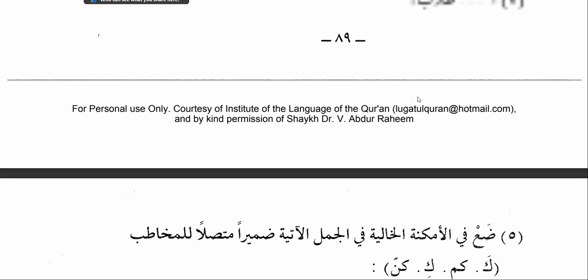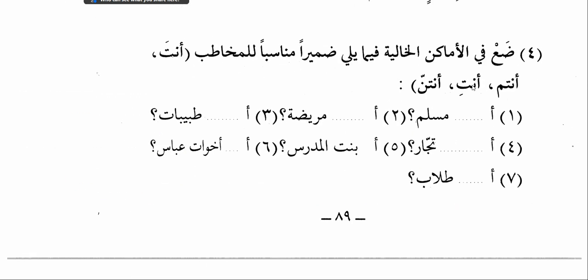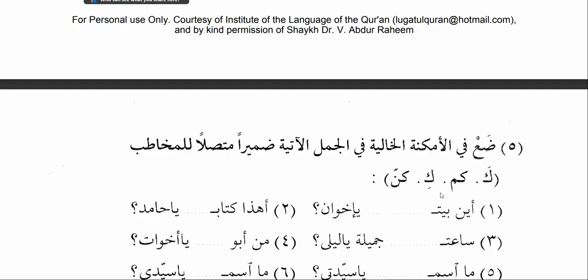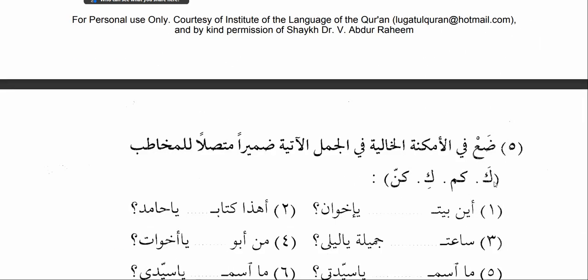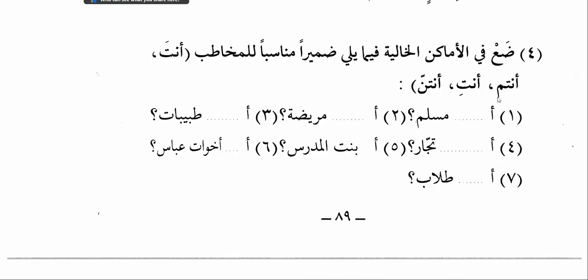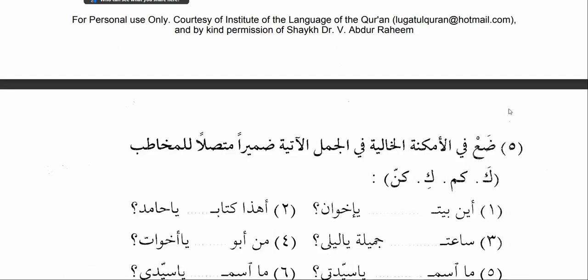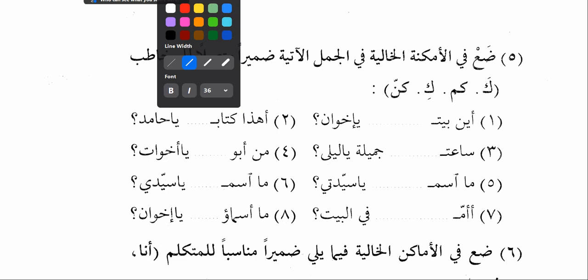So the difference here is for anti there is ki. For anta here we have the ka, and for antum we have the kum, because the an is deleted, the ta is deleted, and what remains? Why did it happen like this?